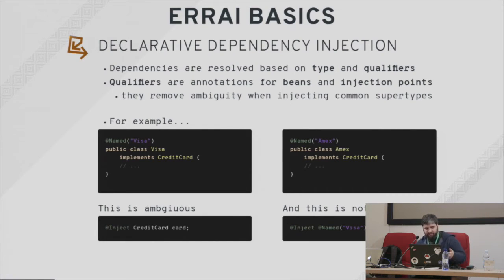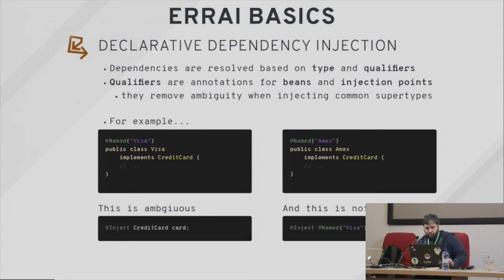This is an example of a typical use of qualifiers in Errai. A common scenario is that you might have an interface that has multiple implementations in your app. In this situation, if you were to inject that interface without a qualifier, like in the bottom left, that would be ambiguous and this would fail at compile time.